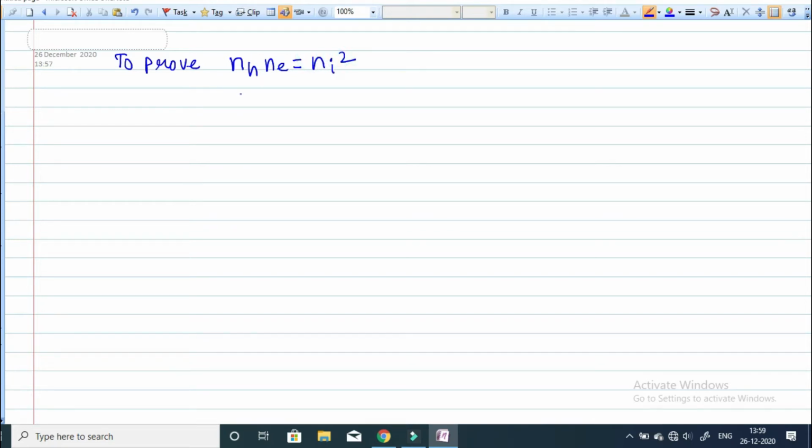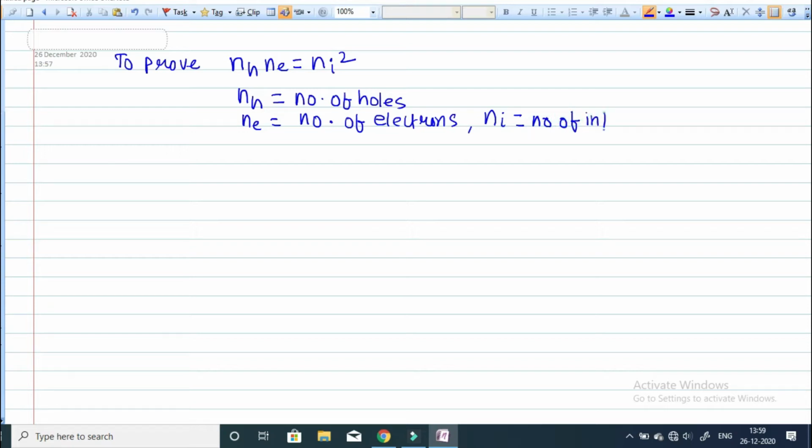We are going to prove this result where Nh is equal to number of holes, Ne is equal to number of electrons, and Ni is equal to number of intrinsic charge carrier.